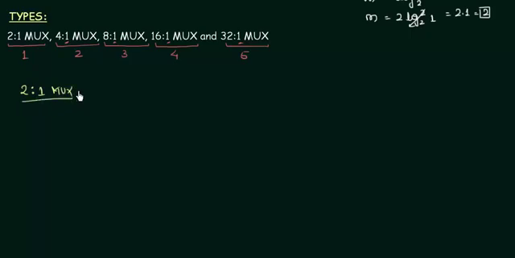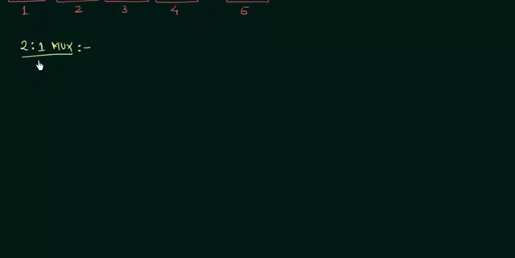Let's try to study something more about the 2 raised to 1 MUX. As I told you, it is represented by a rectangular box in which the number of inputs are shown. These are I0, I1. The output is shown.